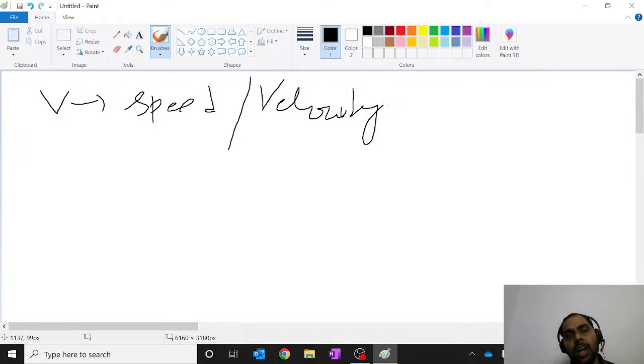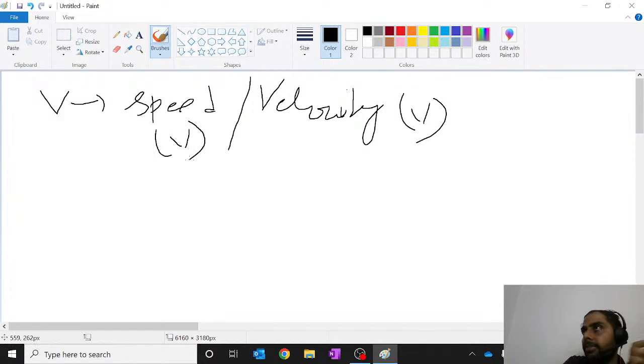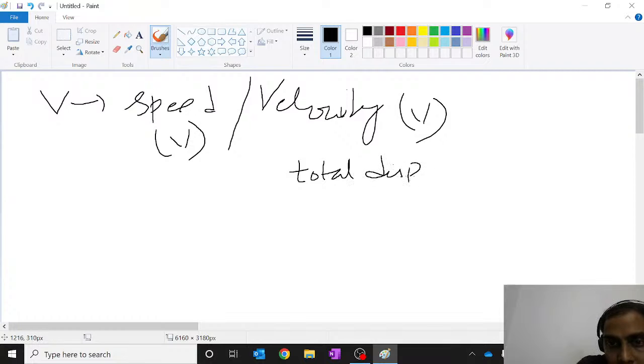Speed or velocity. A similar differentiation, like how we have done distance and displacement, exists here also. Velocity is nothing but a vector. Speed is nothing but a scalar. Correct? And the velocity formula is total displacement by total time.